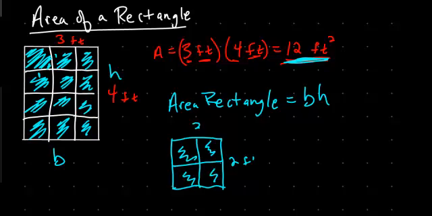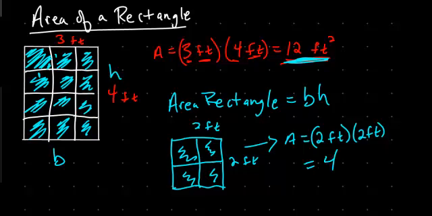So again, if we're in feet here, or whatever your favorite measurement is, the area of this square, which is a rectangle, is going to be 2 feet times 2 feet, which is going to equal 4 square feet.